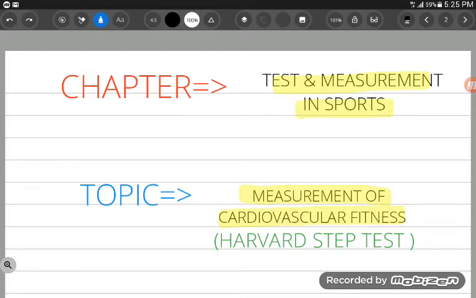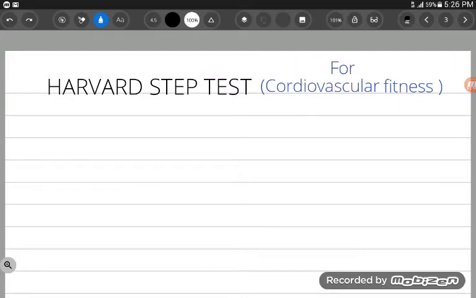Children, according to your syllabus, there are two methods. The first method is Harvard step test. Okay, Harvard step test. So I am going to start the first test, Harvard step test, to measure cardiovascular fitness.